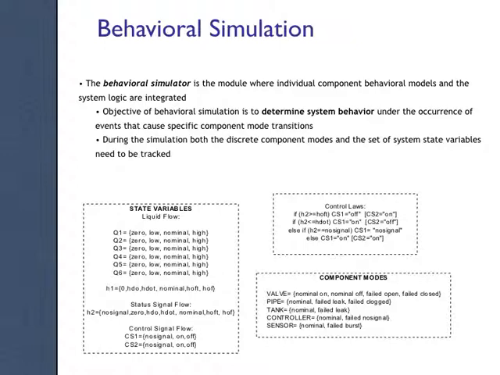What you're seeing down on the bottom left in the state variable box, this box here, is the different variables that are associated with the system and what their different values can be. For example, a liquid flow can either be 0, it can be low, it can be nominal, or it can be high.